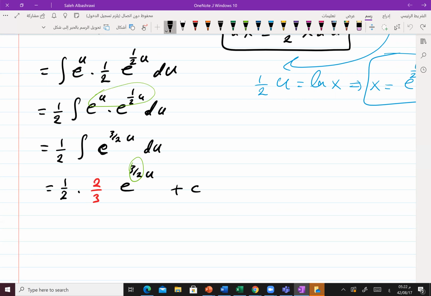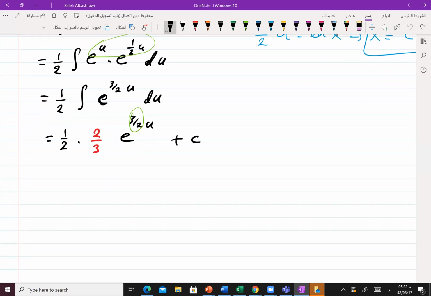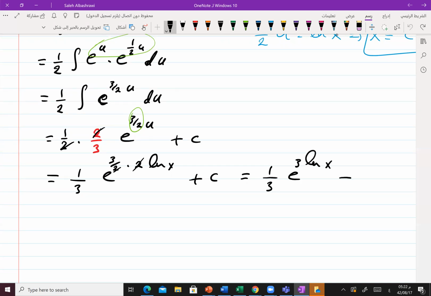Now write the value of u. So I will cancel this. With this one I will have 1 over 3 e to power 3 over 2 multiplied by u, which is equal to 2 ln x plus the constant. So I can cancel 2 with 2. It is 1/3 e to power 3 ln x plus c.